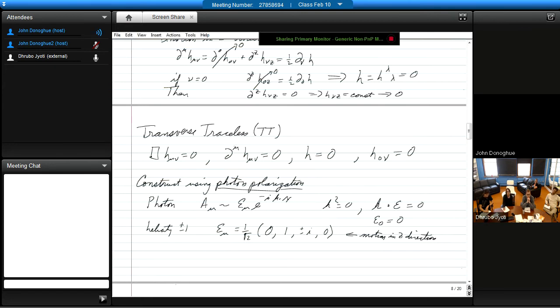Okay, so this satisfies k dot epsilon equals 0, epsilon 0 equals 0. And it satisfies epsilon star mu, epsilon mu equals 1. That's the normalization. Epsilon might be labeled by lambda, plus or minus 1.